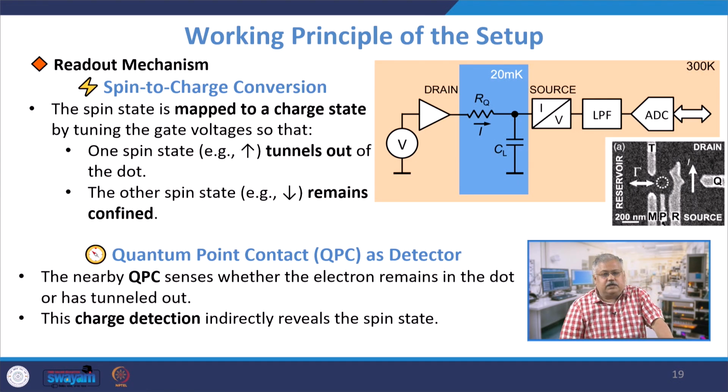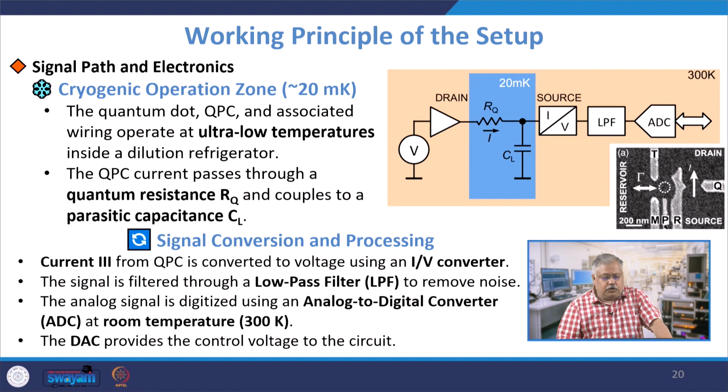Now the QPC actually senses whether the electron remains in the dot or has tunneled out. If you know that the electron has tunneled out, it is spin up; if it is remaining inside, the spin is down. This indirectly tells me the state of the spin, and that gives you a very good idea about it. Now if you look at the cryogenic operation zone, and this is at 20 millikelvin we are referring to, this blue colored rectangle where you have RQ and CL is basically where your quantum state is stored, operating at very low temperature using a dilution refrigerator.